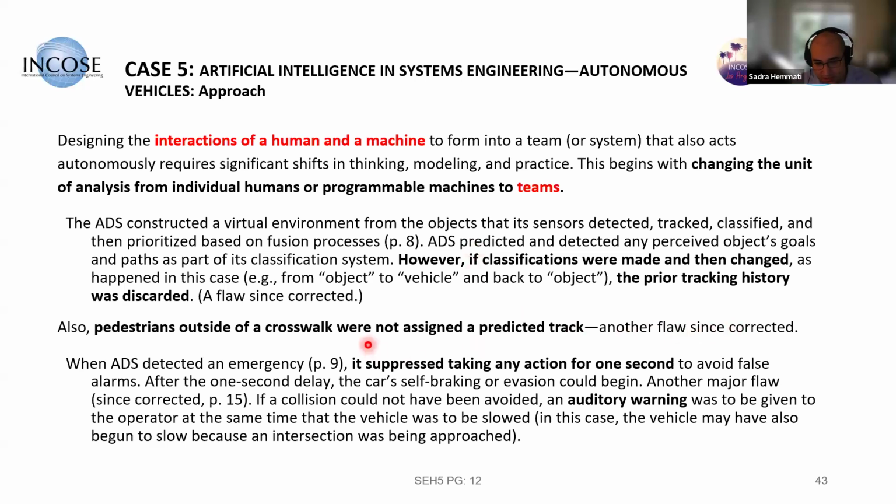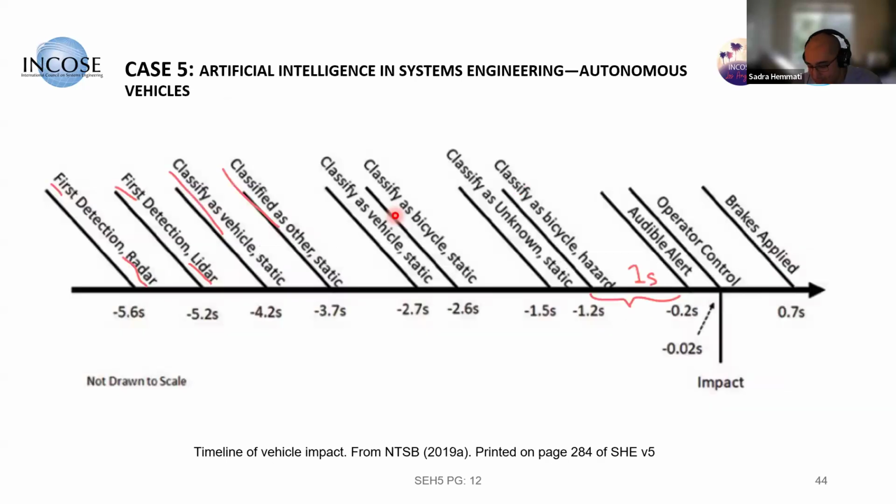One other design issue was a 1 second hysteresis: it didn't do anything for 1 second, to avoid false alarms in case it was confused. So it didn't use that 1 second gap, or opportunity window, to save that person's life.